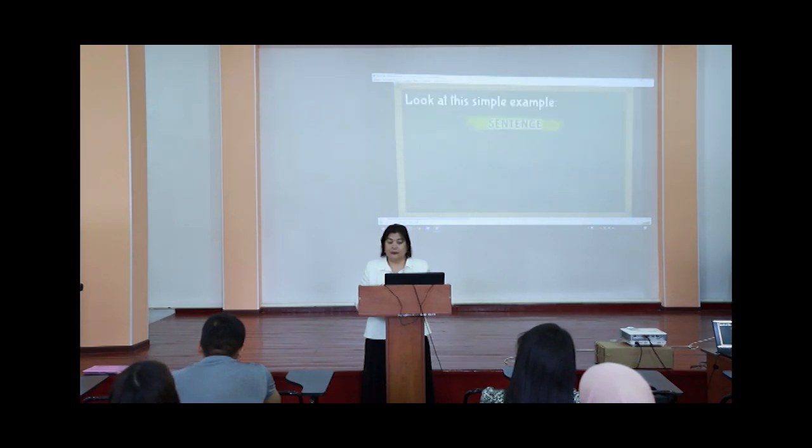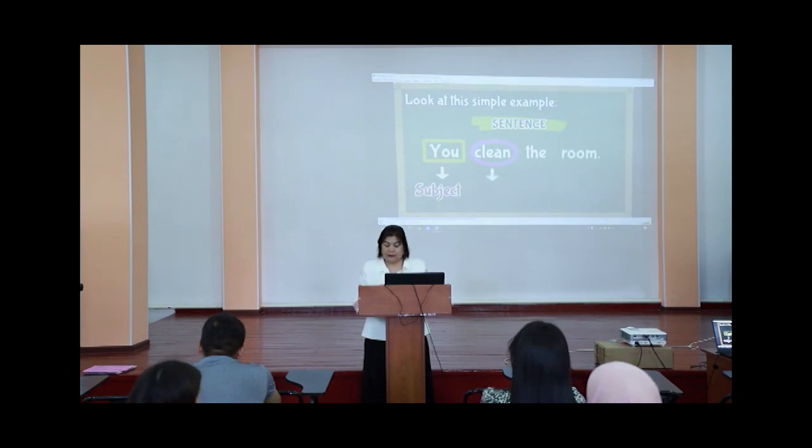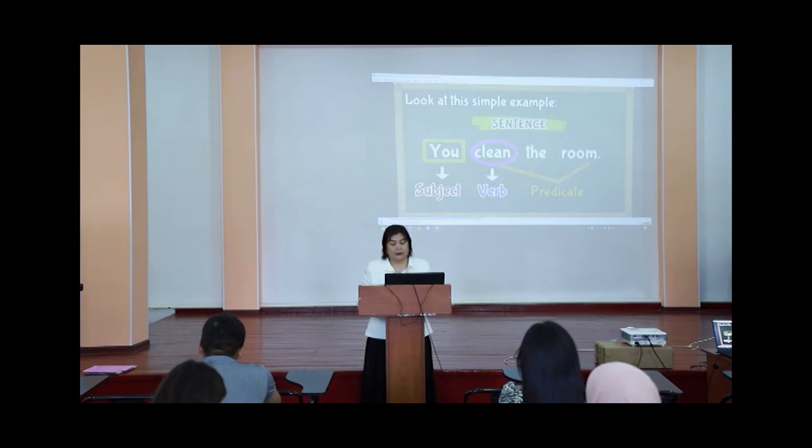Now look at this simple example of a sentence. You clean the room. You is the subject. Clean is the verb. Clean the room is the predicate. The above example sentence is very short. Of course, a sentence can be longer or more complicated, but basically there is always a subject and a predicate.